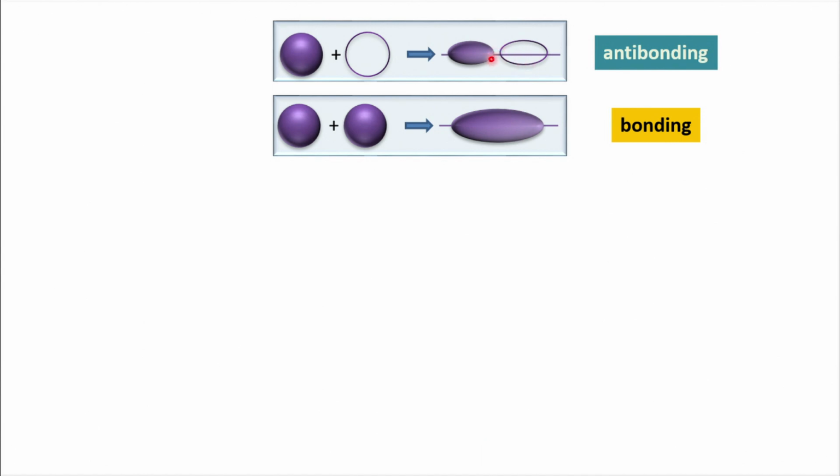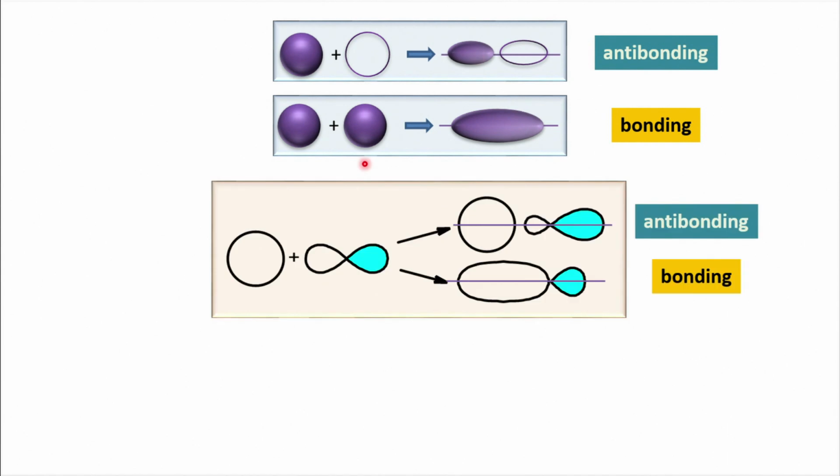If you look here, when S orbitals combine, the bonding leads to this type of arrangement. The antibonding orbital leads to a place where zero electron density is present. That means there is a node in between these two lobes. So, this is what is called the antibonding arrangement, and due to which this has high energy.